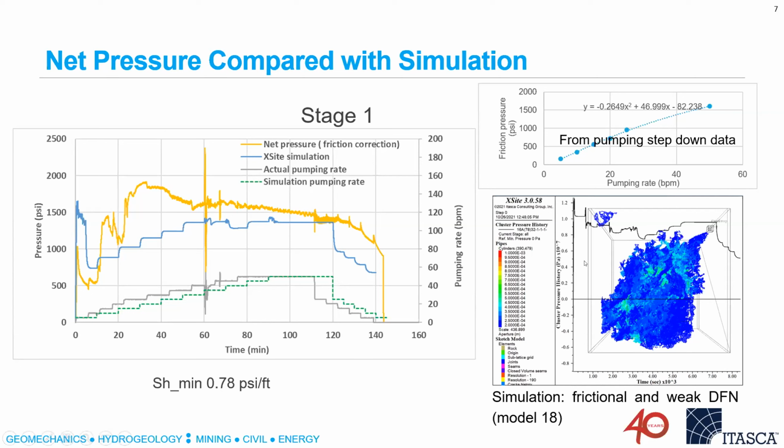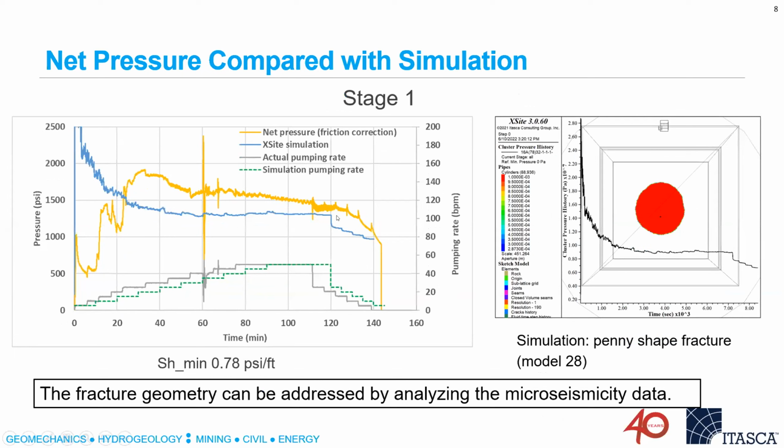So the friction angle is like 37 degrees, and is initial permeable. So see the comparison between the stimulation data and simulation data. As I said, we have different cases, and then we compare to another case.